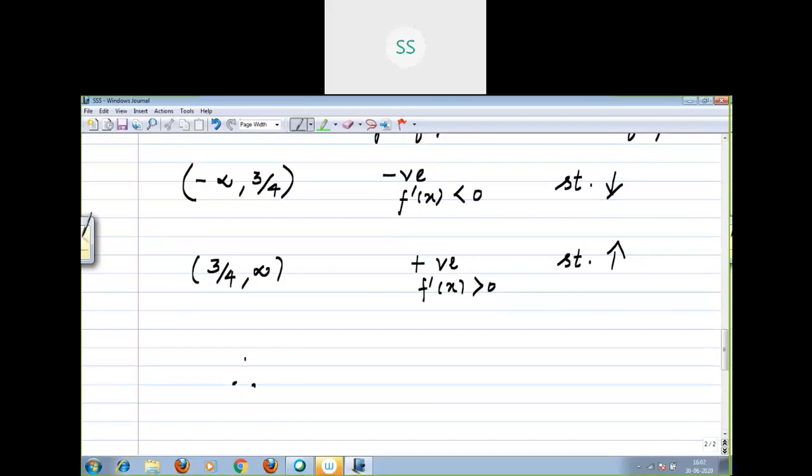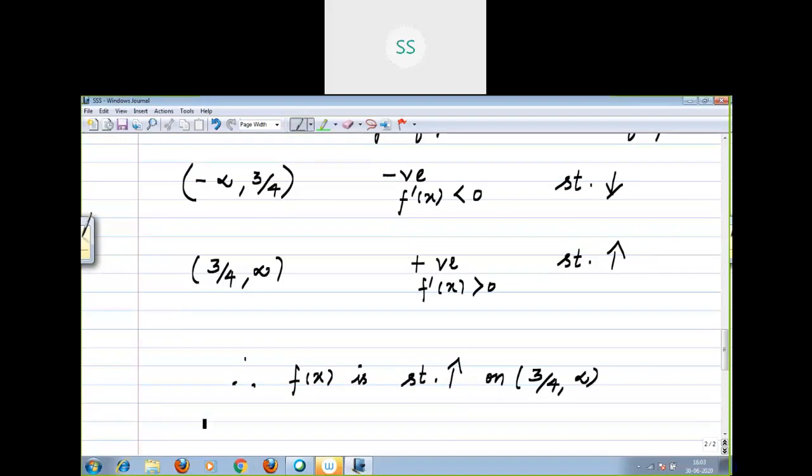Finally, what do you want to say? Therefore, the function is, for the first subdivision, which they ask as increasing, strictly increasing on 3 by 4 comma infinity.